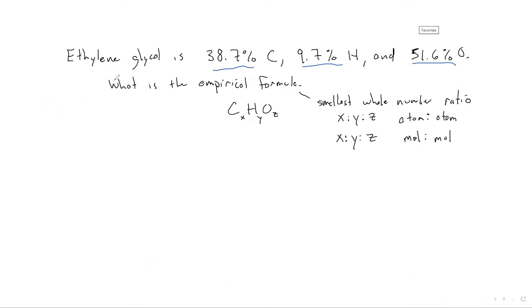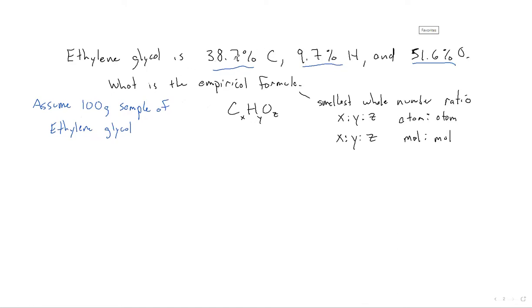And so to solve this problem, I'm going to assume a 100-gram sample of ethylene glycol. That's a fair assumption, right? Now I can express these percentages as grams, because 100 grams is 100%.